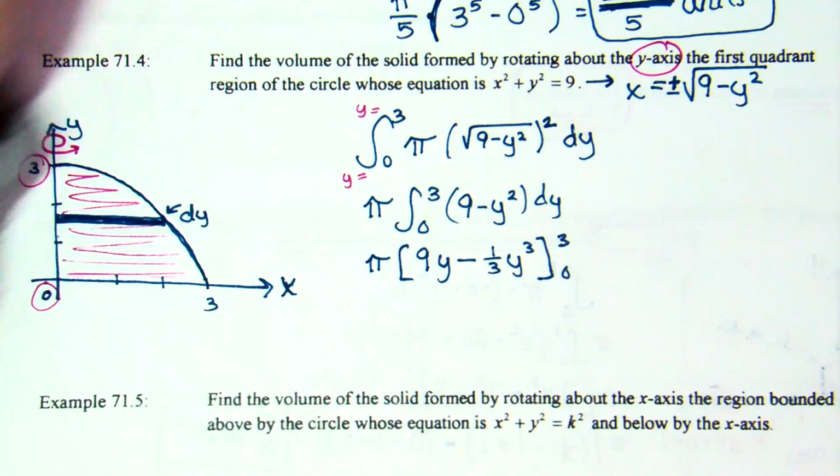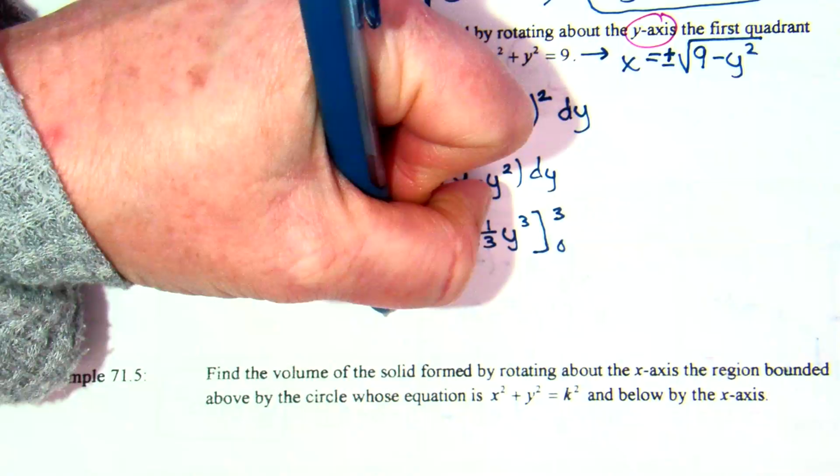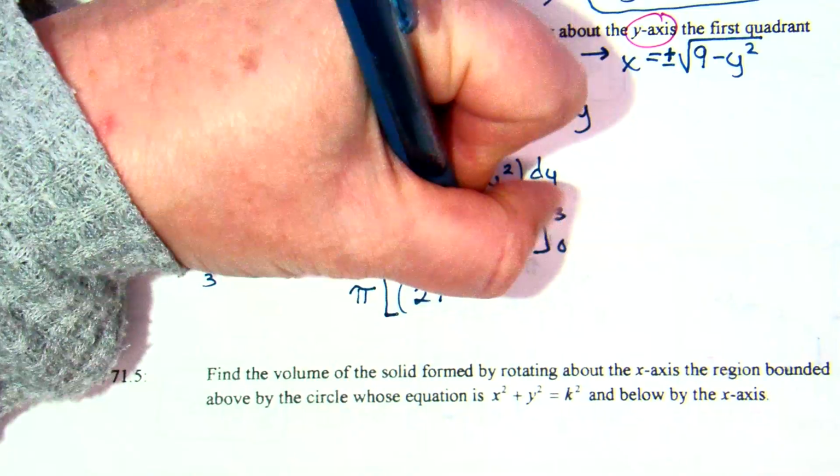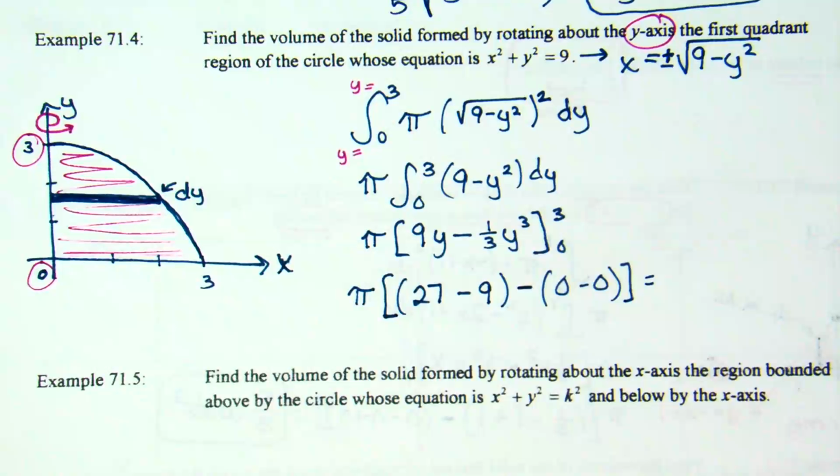And then the first thing I'm going to do is plug in a 3. 9 times 3 is 27, minus 3 cubed is 27, divided by 3 is 9. And we subtract what we get when we plug in 0, which is just 0 minus 0. 27 minus 9 is going to make this 18 pi units cubed.